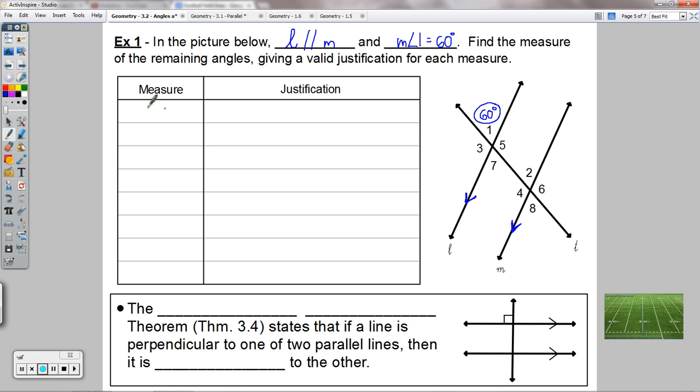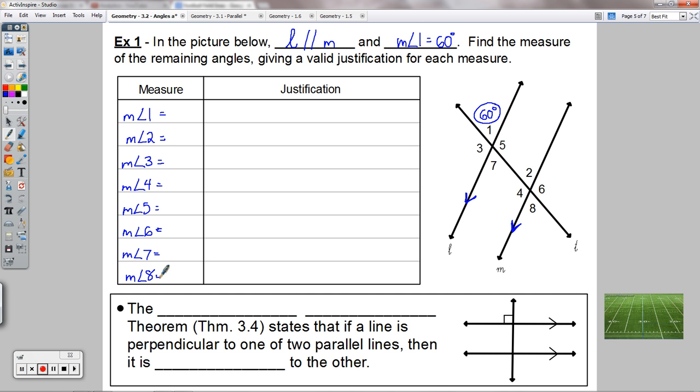So as we fill this out, I was thinking about writing in measure of angle 1, measure of angle 2, but I wanted you to get that in your head that you need to have the little m in front of the angle if you're technically going to be right about this. It's the measure of the angle that is equal to a number, not the angle itself. So I'm writing this for measure of angle and then every single angle that we have in the picture.